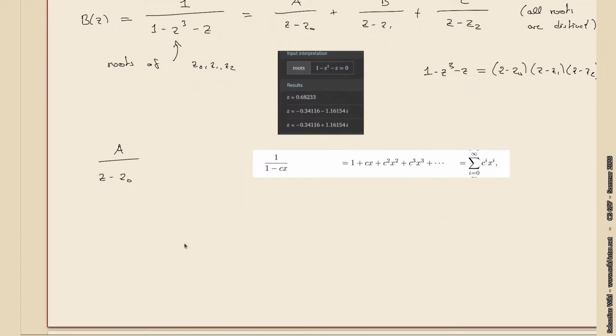Well, we can divide by z0, and multiply by -1.